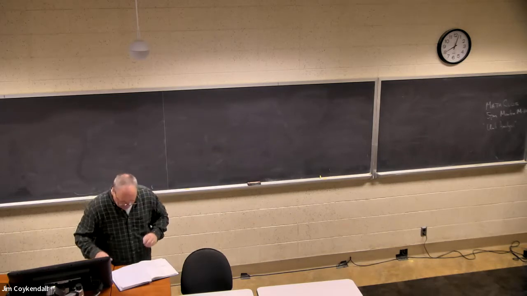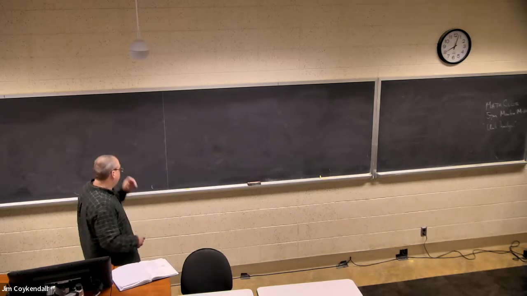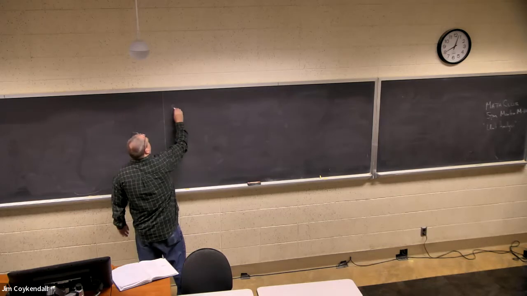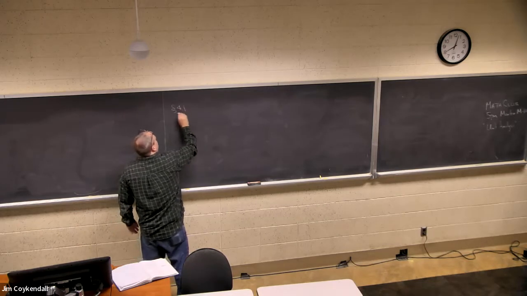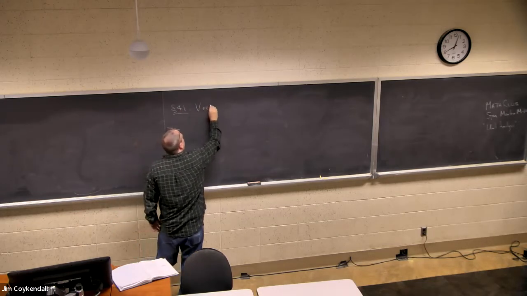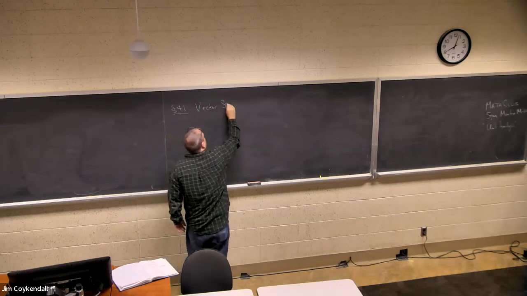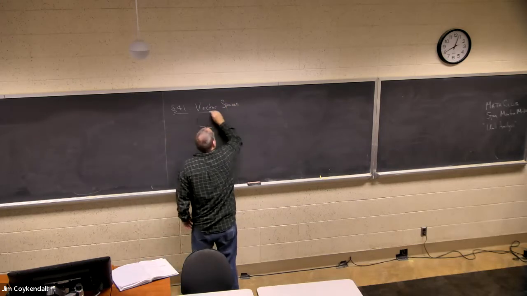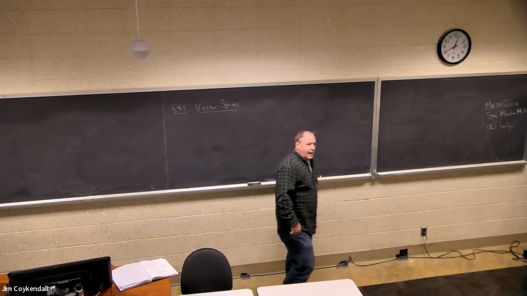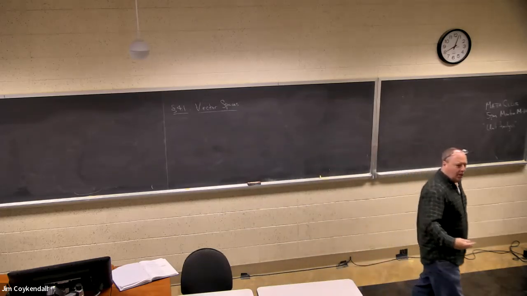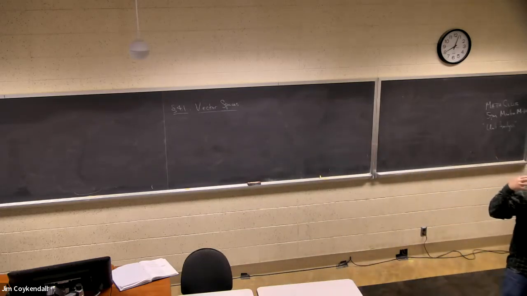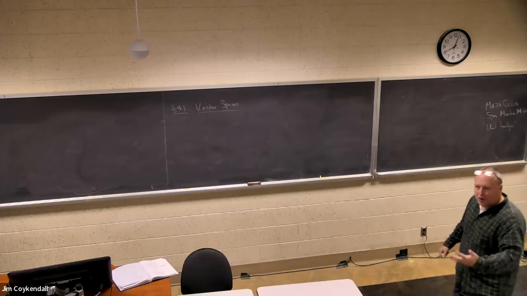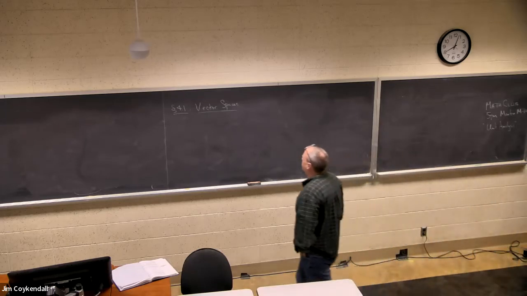So let me first of all tell you what a vector space is. And when I tell you generally what this is, you should keep the picture of the vector spaces we've done, Rn, in the back of your head.